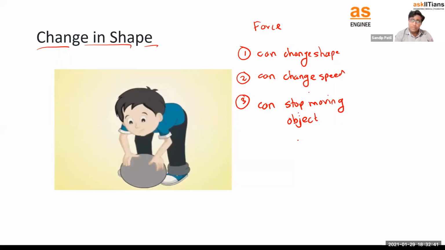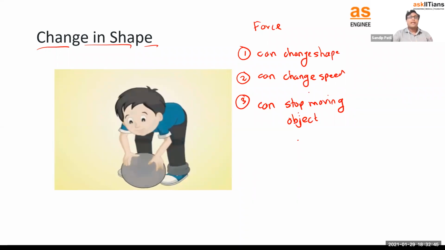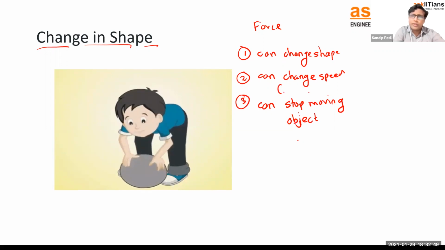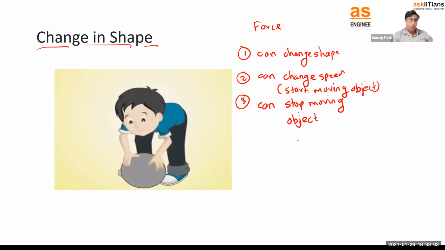So the batsman is applying force to move the object, we can say, right? So here force can change the speed or also start moving the object. And the fielder is doing what? The fielder is stopping the object, which was already moving. Similarly, in football, what is the role of the goalkeeper?